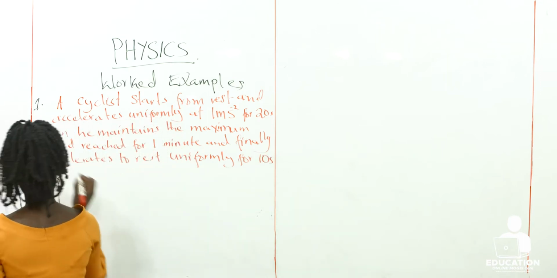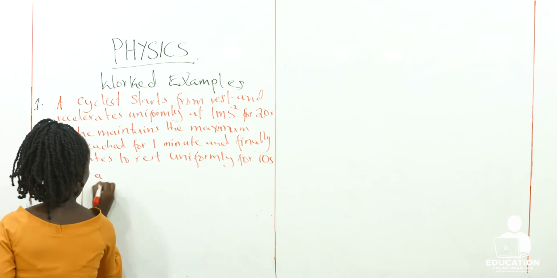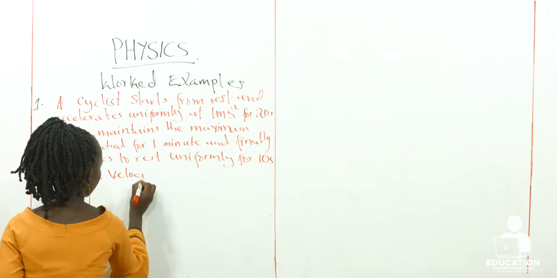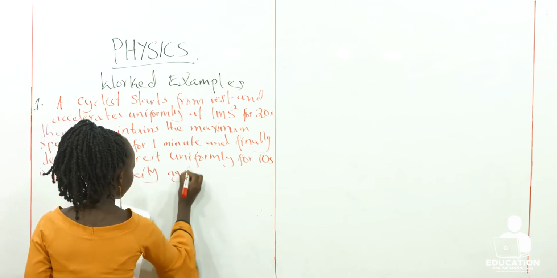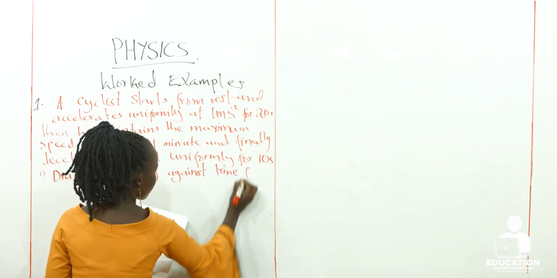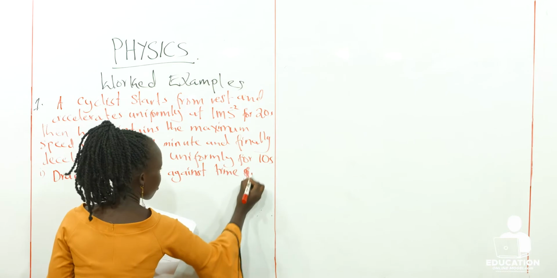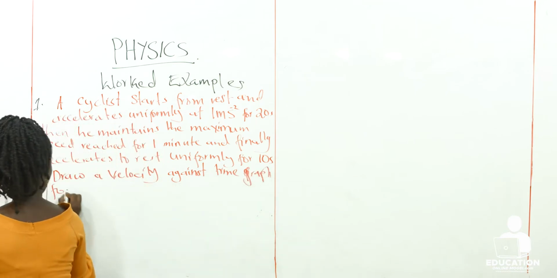Our question, Roman numeral 1, is telling us to draw a velocity against time graph for the body.